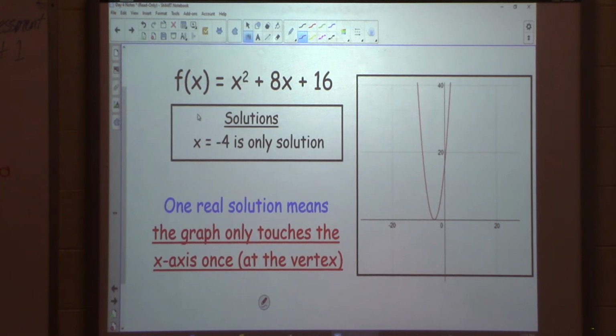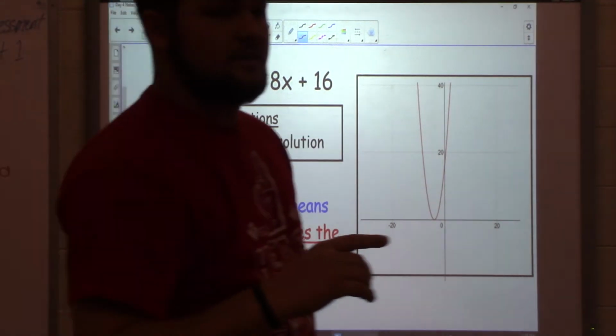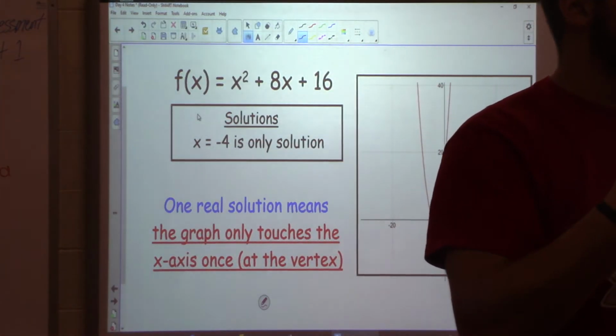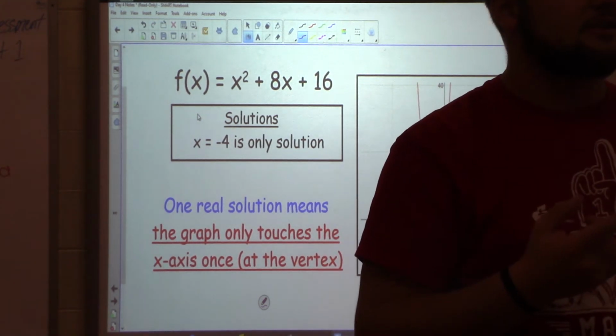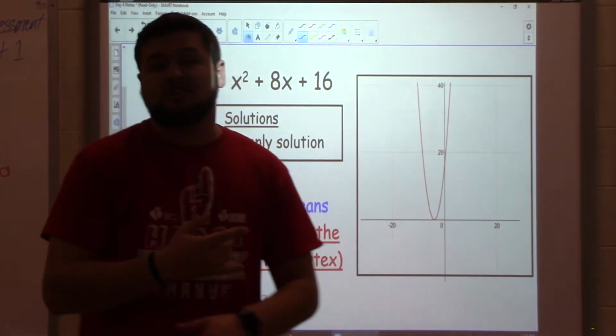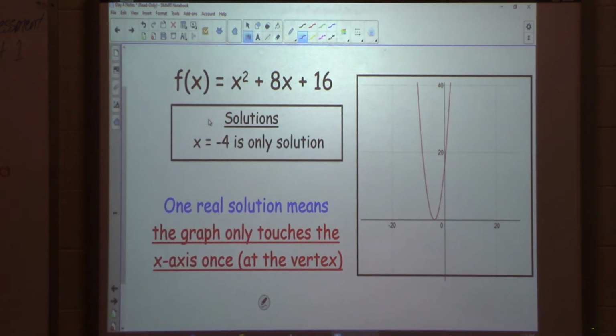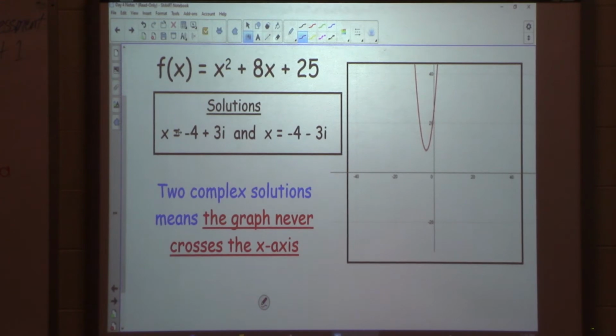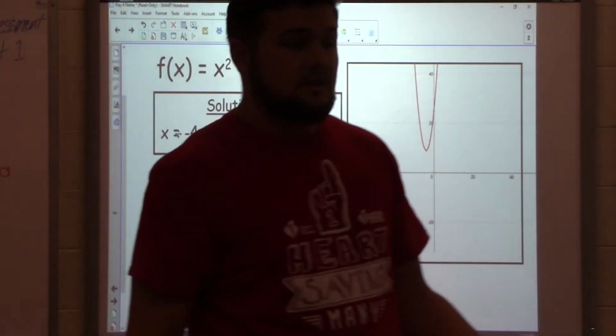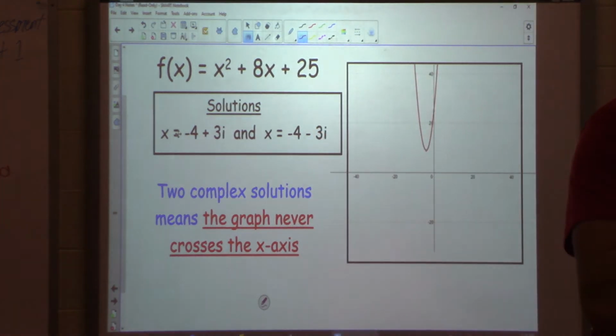All right, now there's one other type of solution we can get. That's the complex kind, right? When do you think that's going to happen? When it doesn't touch the x-axis at all. So we might give you problems on a test or on a homework and say, how many solutions do these actually have? And you're going to be expected to put them in your graphing calculator.